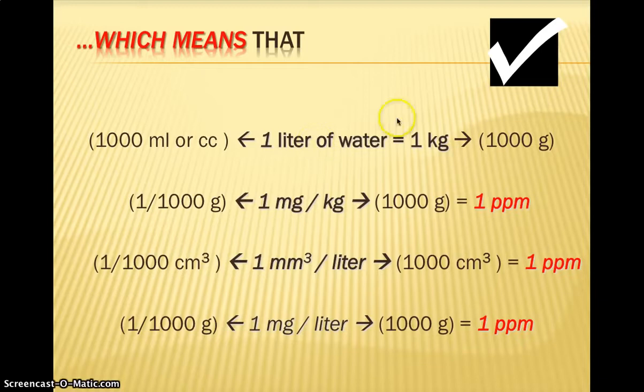When we talk about 1/1000th of a gram, we're talking about 1 part per million, or we could say 1 milligram per kilogram, or 1 in 1,000 kilograms. So this is 1 part per million. The same is true if you replace those units with cubic centimeters per 1 liter, or with milligrams per liter. All these are just equivalent ways of writing the same thing, 1 part per million of water.